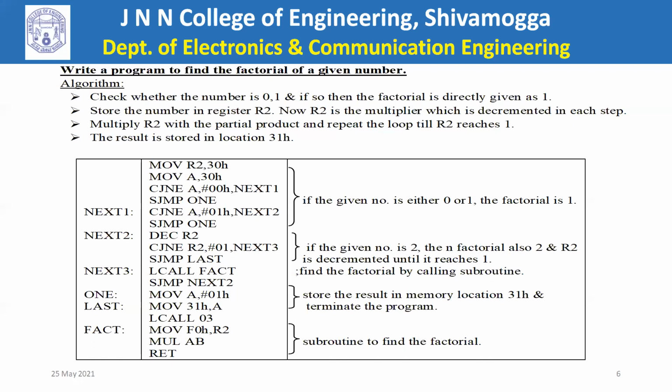Which factorial you need to find out? That you have in some memory location 30. Compare that with 0. If it is not 0, check whether it is 1. If it is not 1, decrement R2 and check whether R2 is 1, because 2 factorial is 2.